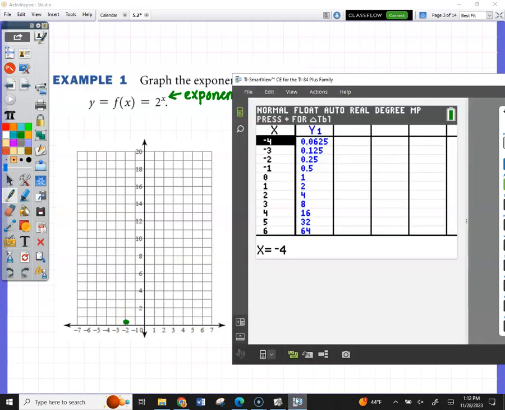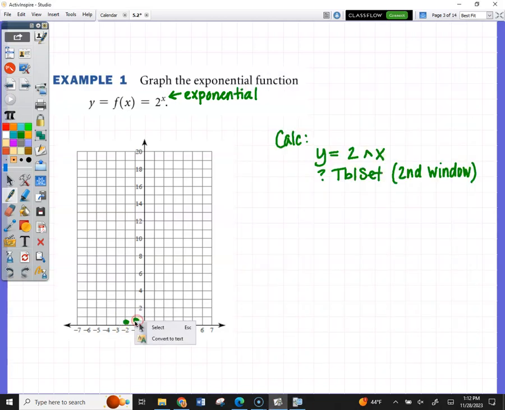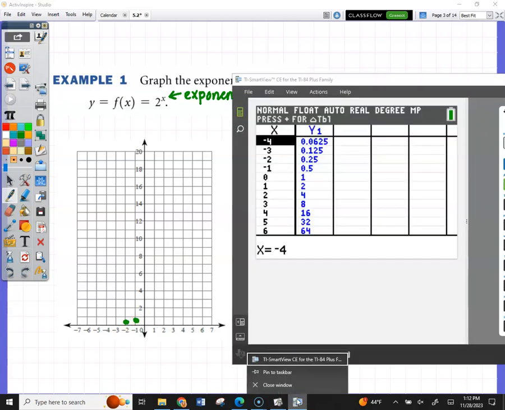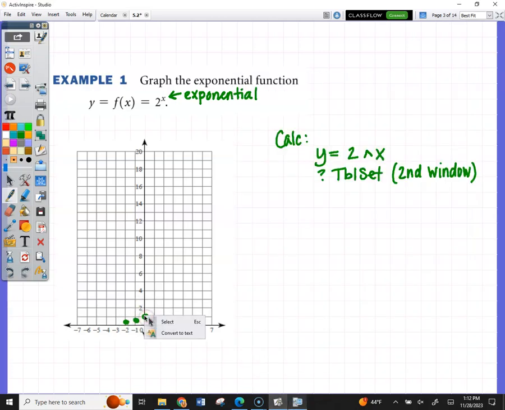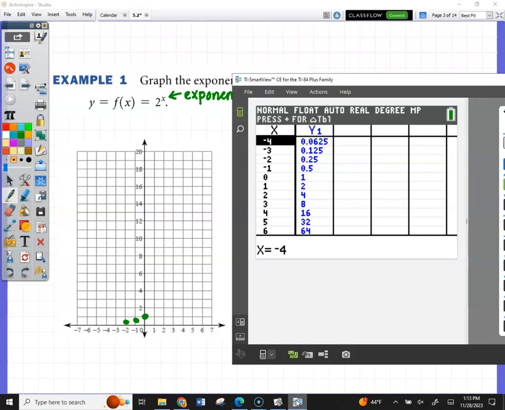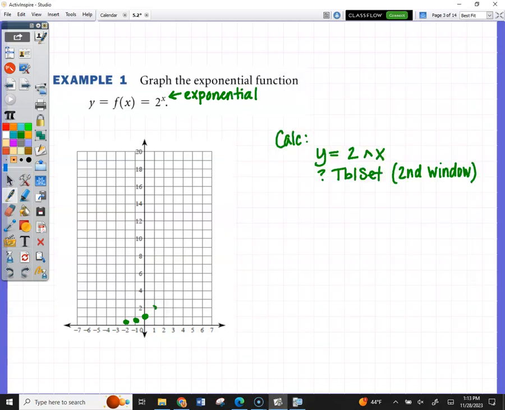Then I'm going to graph -1, 1/2, 0, 1, 1, 2, 2, 4, 3, 8, and you can see where the curve is. So you should get an idea that the curve is like that.